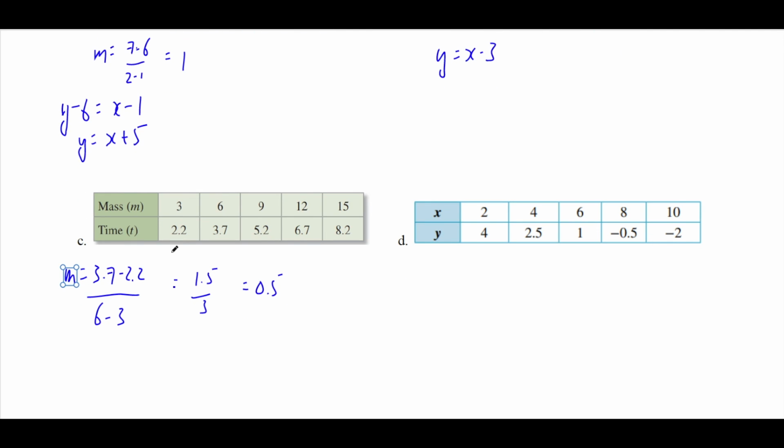Now use the point gradient formula, so you can pick this point. So y take away 2.2 equals to 0.5, x take away 3. y take away 2.2 equals to 0.5x take away 1.5. y equals to 0.5x, add 2.2 to both sides, plus 0.7. So this is your equation, alright?